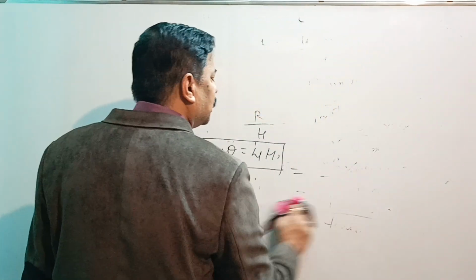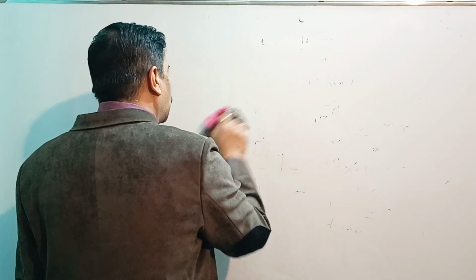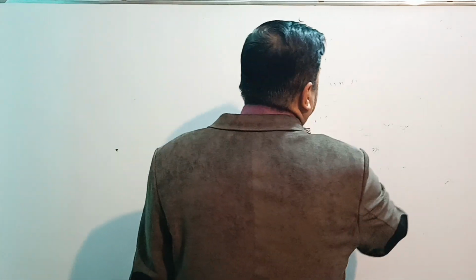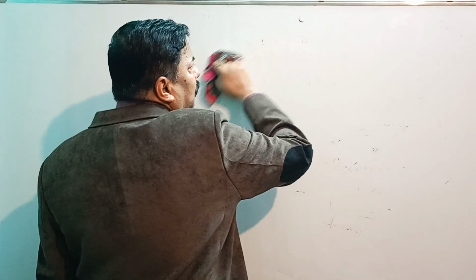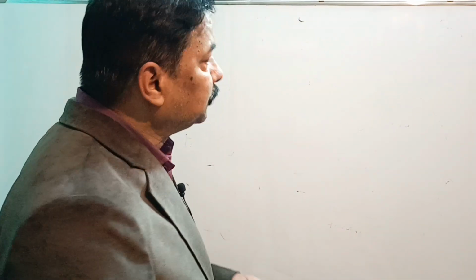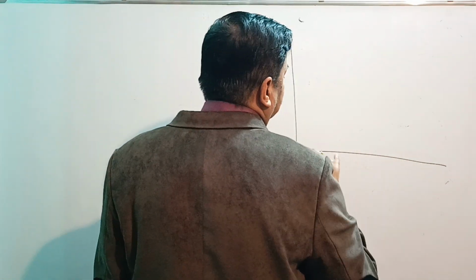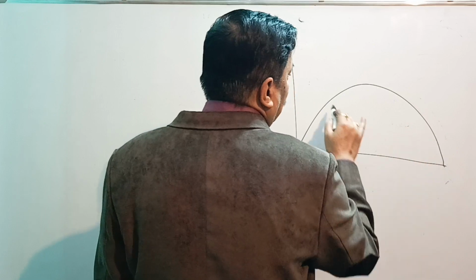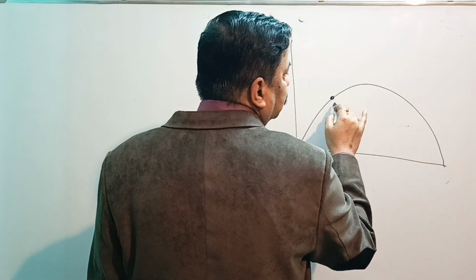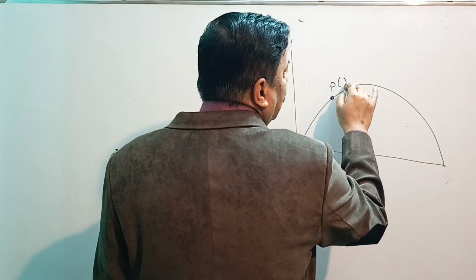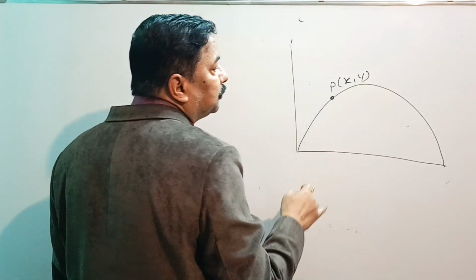Let us try to understand the equation of trajectory. As I told you, it is the relation between x and y. Here point P is there, its coordinates are x and y.